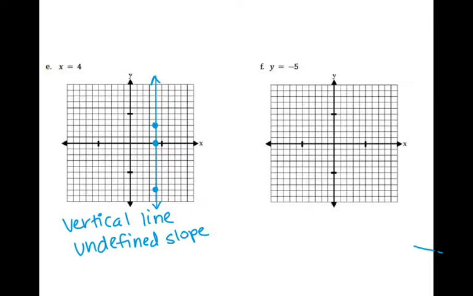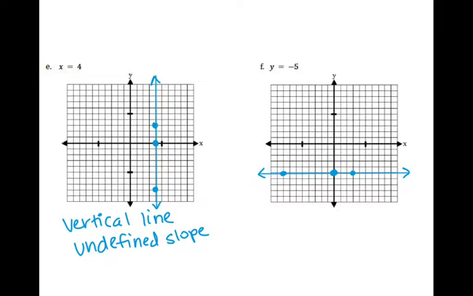I'm going to go to -5 on my y-axis. I need to find other points where my y value is -5, and that can be any point to the right or to the left, because any of these points on this horizontal line will have a y value of -5. So again, going to make a little note.